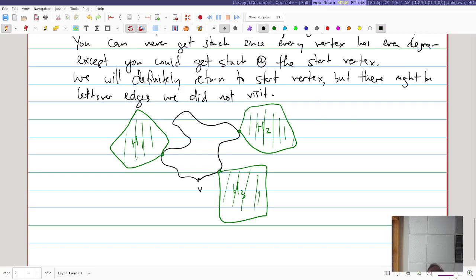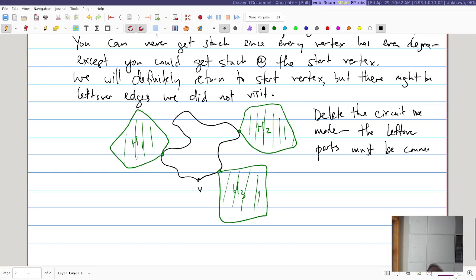So let's say, if we delete the circuit we made, the leftover parts must be connected to our circuit.